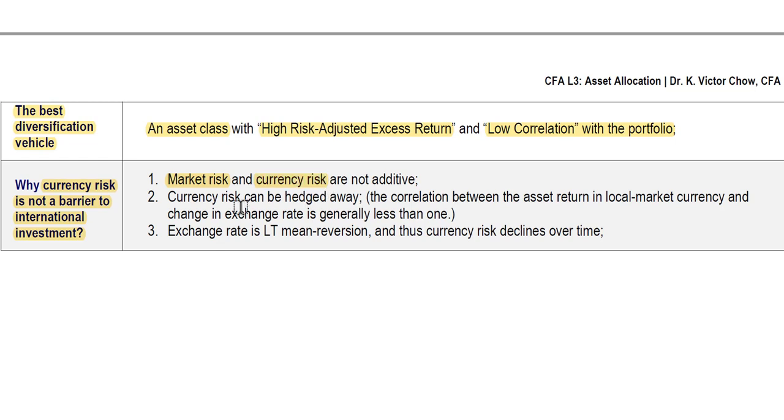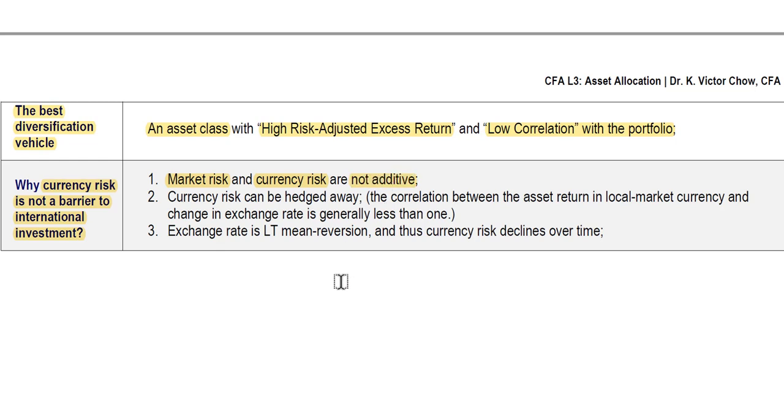Simply, you're not going to trade that asset often, in and out, in and out. So the currency risk is not an immediately important factor that will affect your performance. Then it's not important to consider because it is not additive in your portfolio risk.